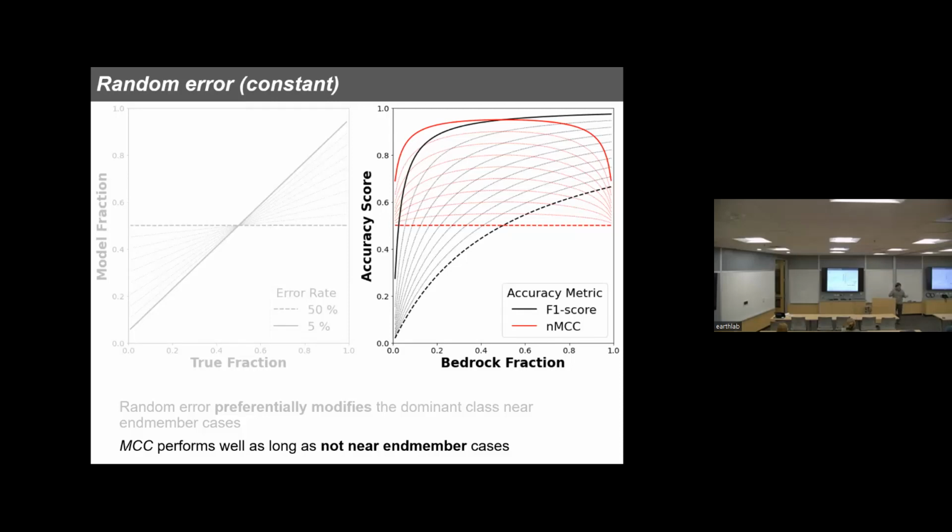Now, near the ends it is doing very poorly, and that is directly reflecting what I said a second ago, which is that you preferentially modify the more dominant class when you get to really small abundances or very large abundances.